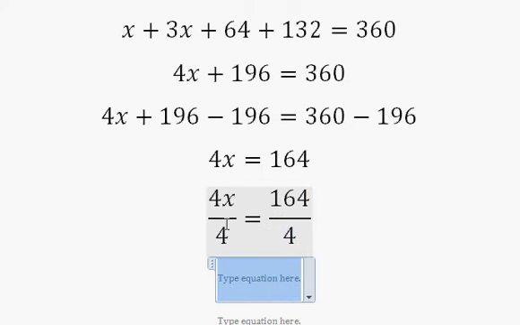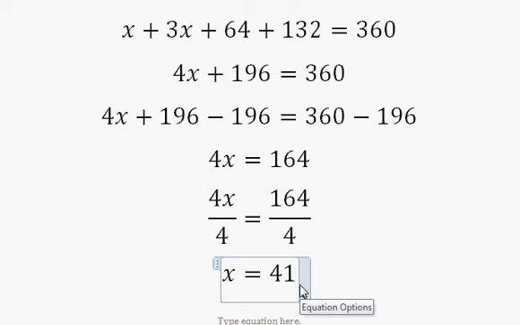So 4 times x divided by 4 is simply x. The times 4 divided by 4 cancel out in the same way that plus 4 minus 4 cancel out. And 164 divided by 4: 4 into 1 doesn't go, 4 into 16 goes 4 times with no remainder, and 4 into 4 goes once.